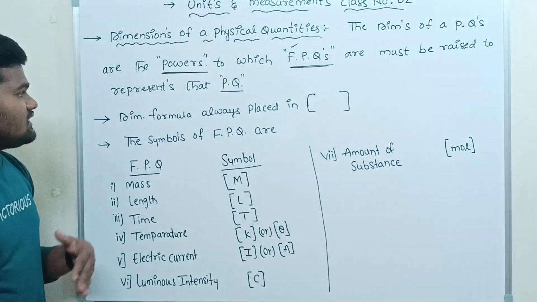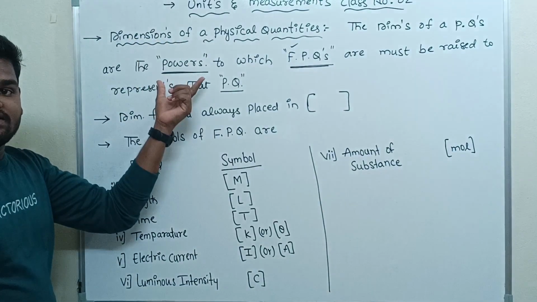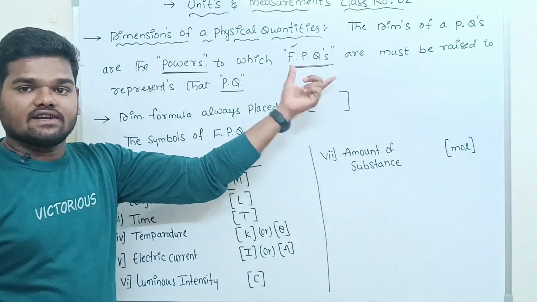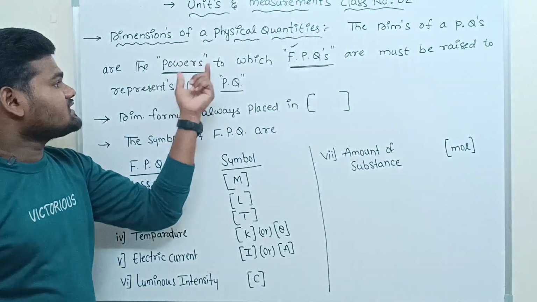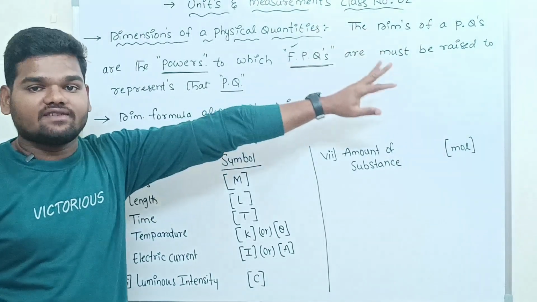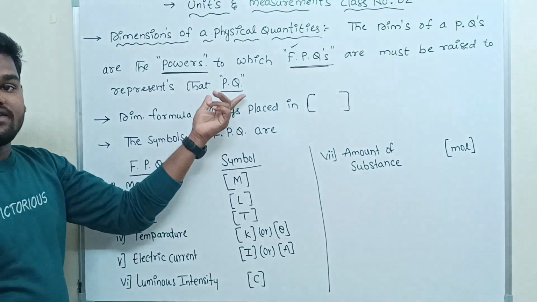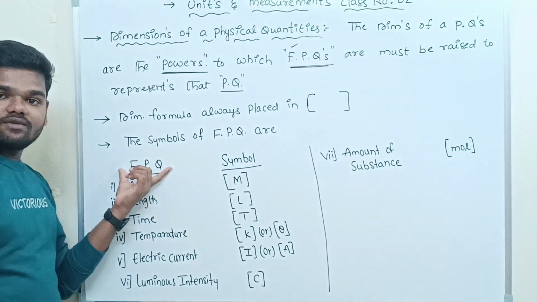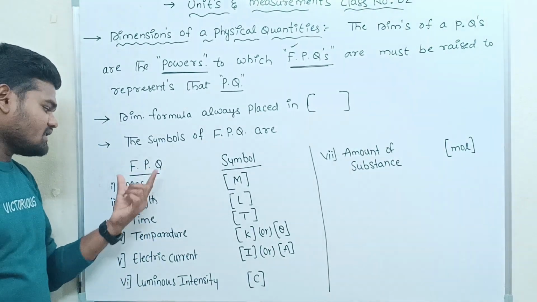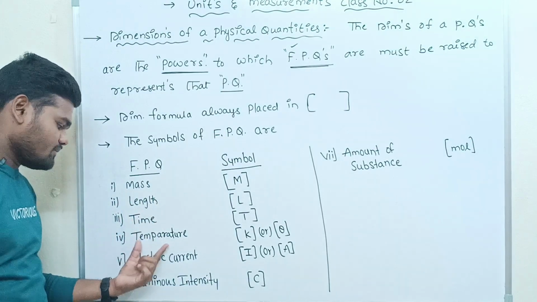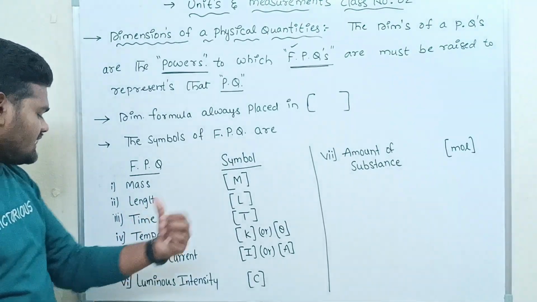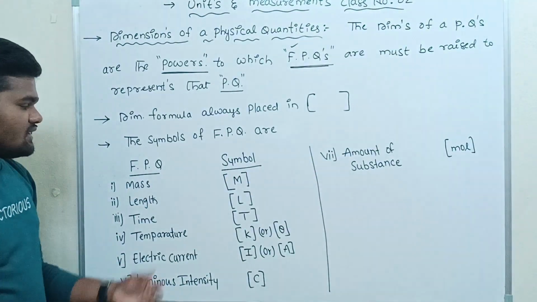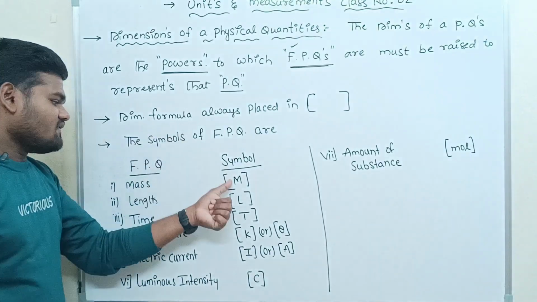Is it clear? Simply, dimensions means powers to which fundamental physical quantities are raised. If we give powers to fundamental physical quantities, whatever physical quantity we require is given to us. What are the fundamental physical quantities? Mass, length, time, temperature, electric current, luminous intensity, and amount of substance. What is the dimensional symbol for mass?